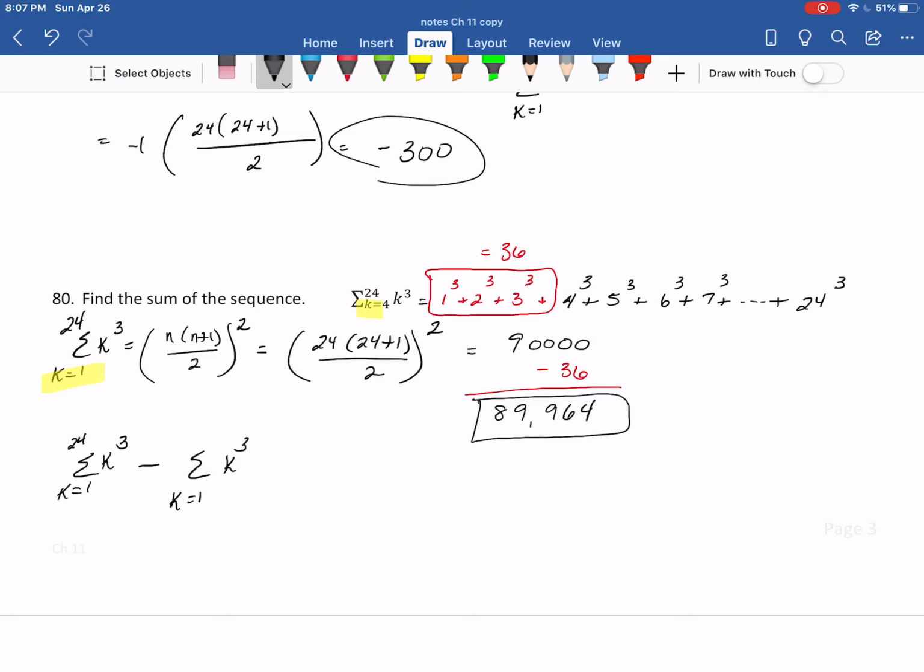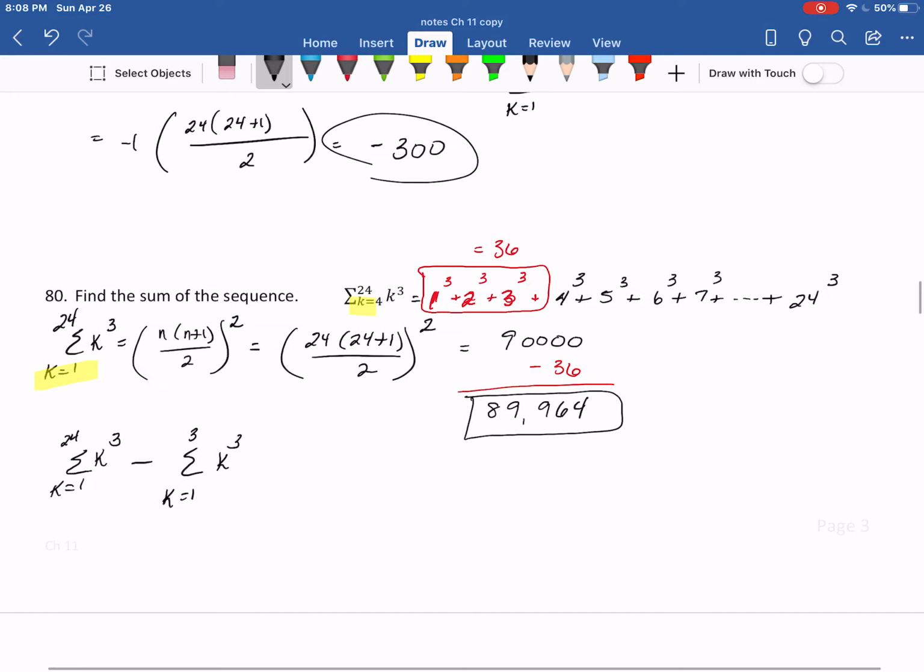Well, the subtraction piece needs to be done for the first term, let me emphasize, the first term, the second term, and the third term, and then that's it. So we want to subtract all the way through the third term, okay? So we're going to use the formula for the first summation, which is what we did up above. We got 24 times 25 over 2 squared, okay?